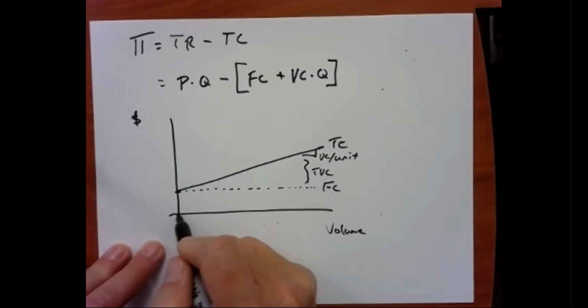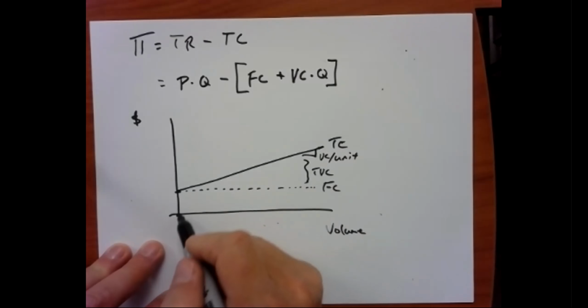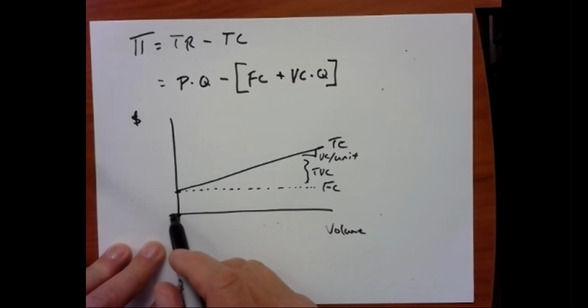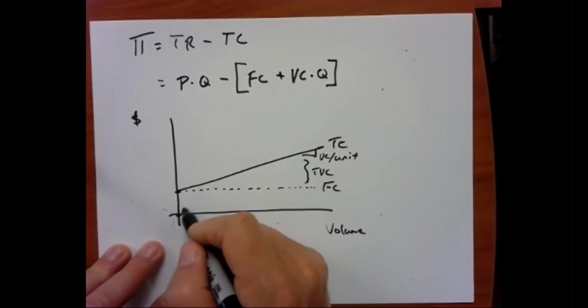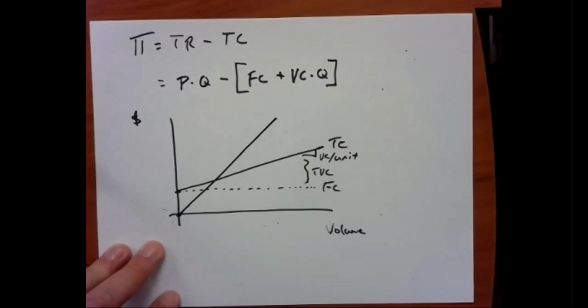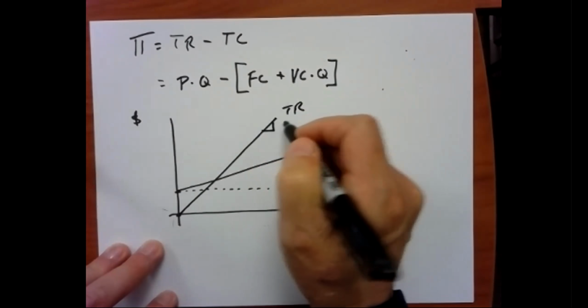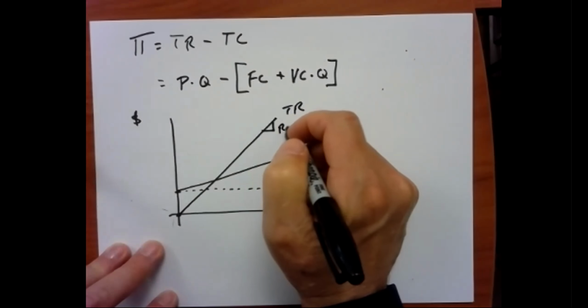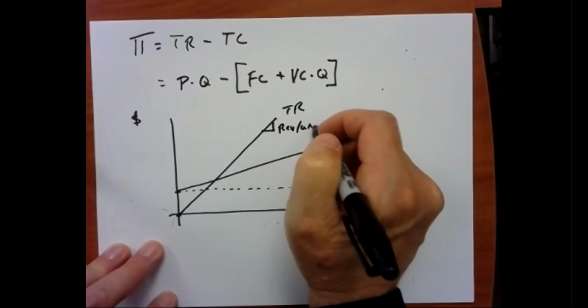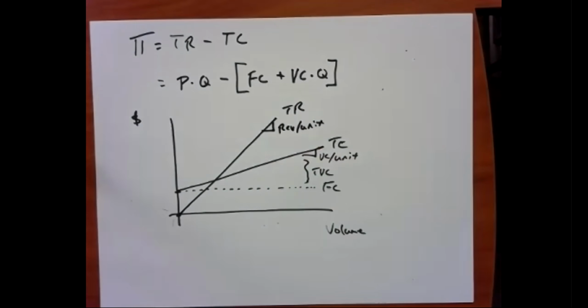So if Deb doesn't want to pay anything when she gets 0 visits, that means our revenue starts at the origin. That's the word for the point where the X and Y axes cross. And it goes up from there. That's our total revenue, and the slope is the revenue per unit.